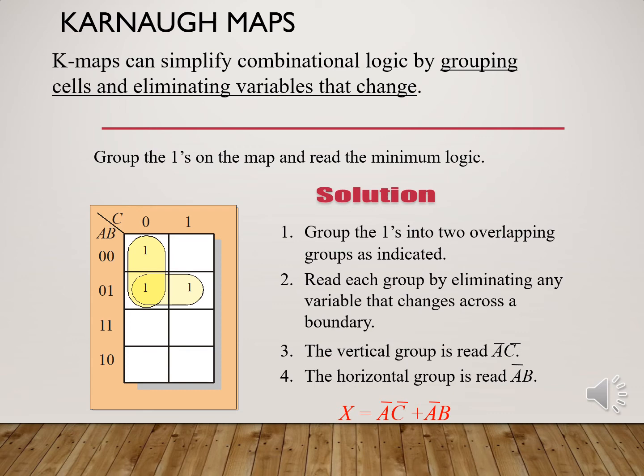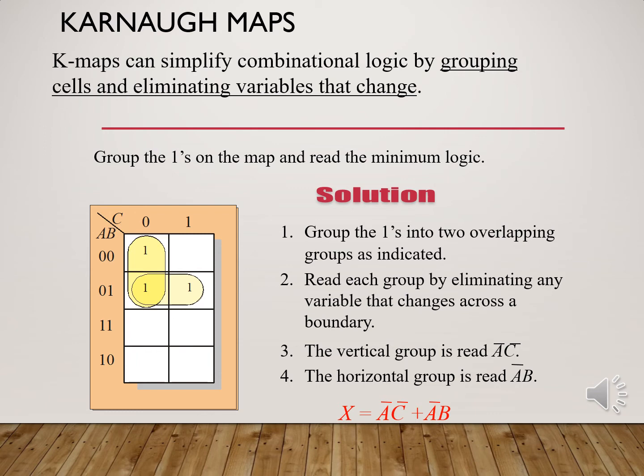Second cell corresponds to A bar, B, C bar. So only B changes here. A and C remain as such. So remove the common term. Now you have only A bar and C bar. So the first term is A bar, C bar for the expression.